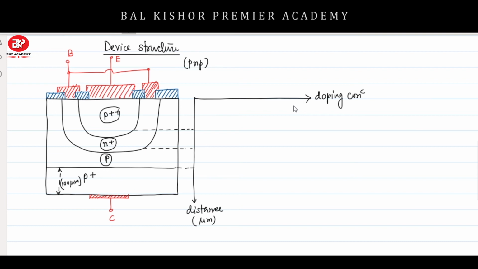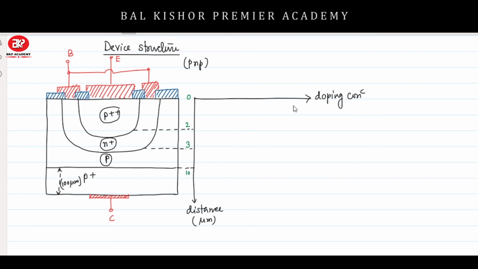The doping concentration looks like this: the emitter region is about 0 to 2 micrometer, the base is 2 to 3 micrometer, and the collector is 3 to 10 micrometer.